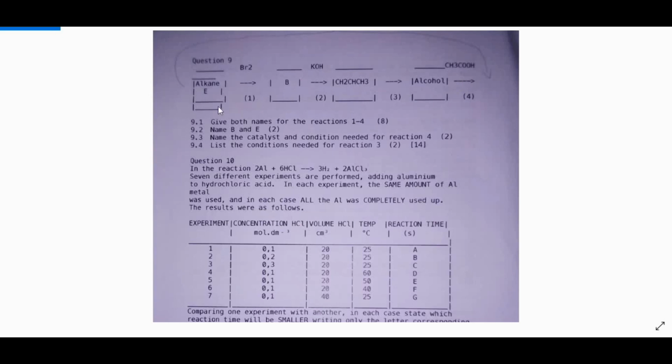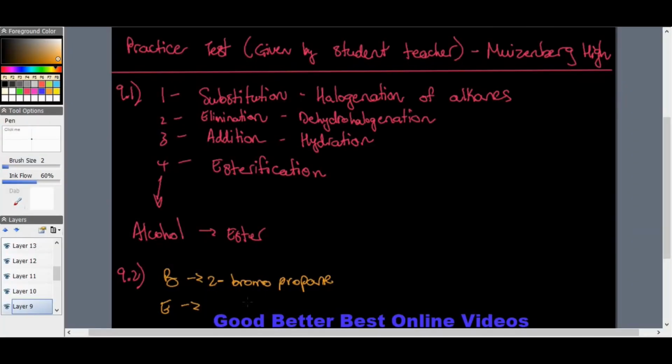I'm going to interpret it as the type of alkane that it is, because it's right underneath it there. So E should be the name of the alkane, which should be just propane.